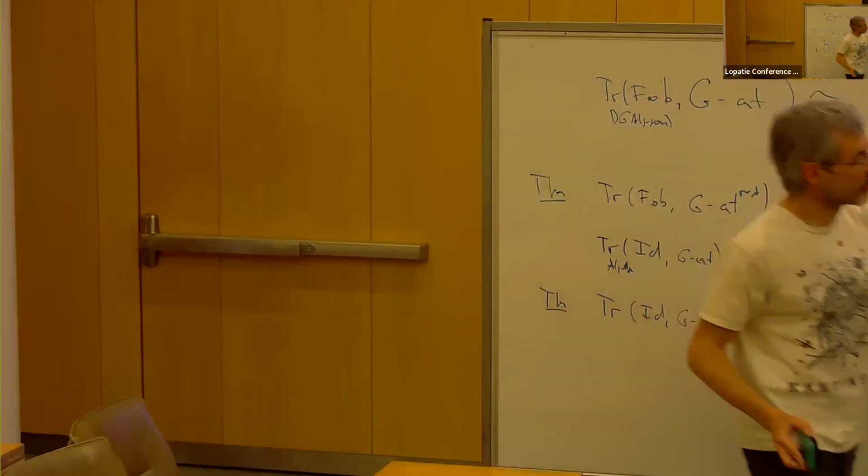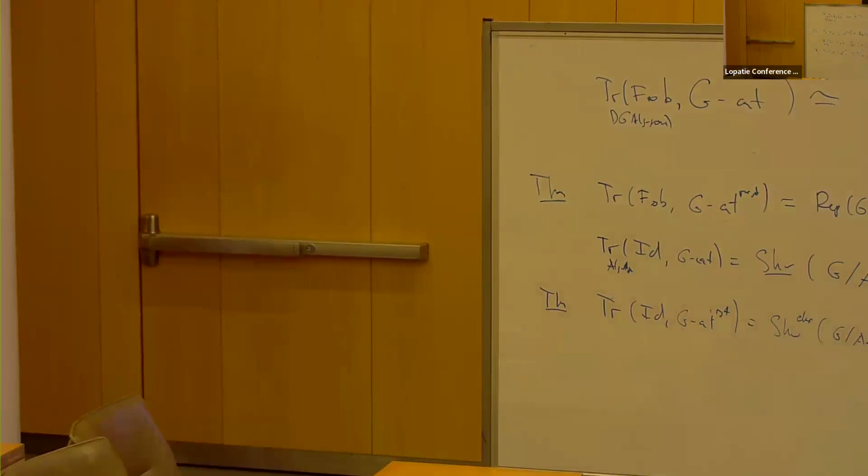All right, and now we'll go to the loop group. Again, a tautological statement: if you take the trace in the sense of DG-cat algebra of the Frobenius on all categories, you will get, just like here, sheaves underlined on LG modulo Frobenius-twisted conjugacy.